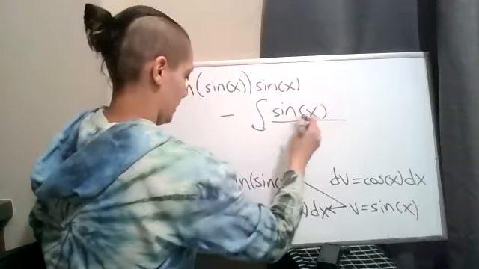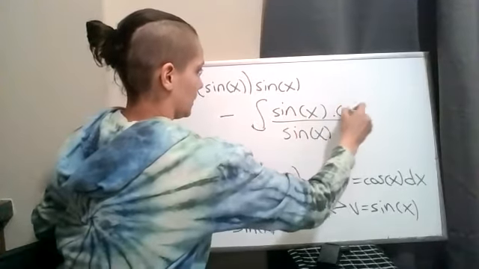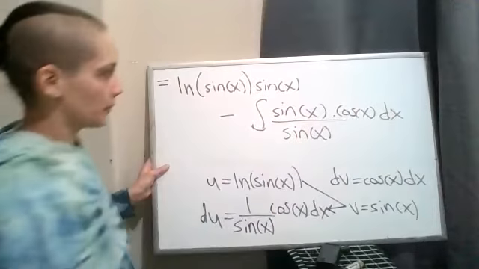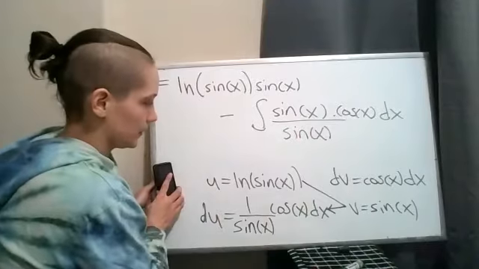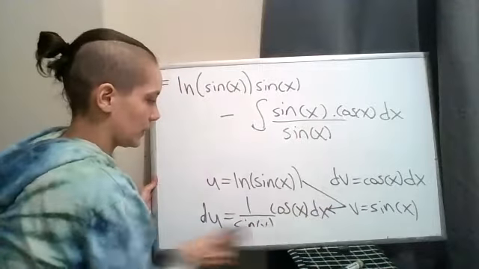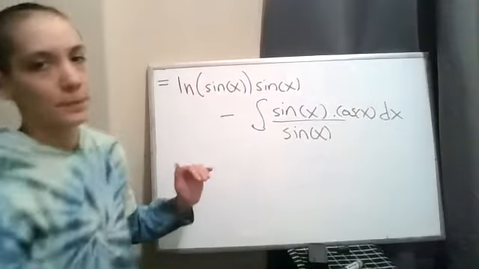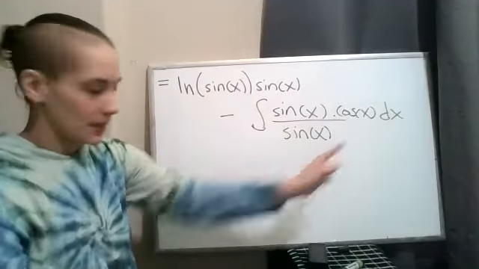I'm going to put it here: sine of x and this cosine of x. So we're subtracting the integral of cosine of x dx.